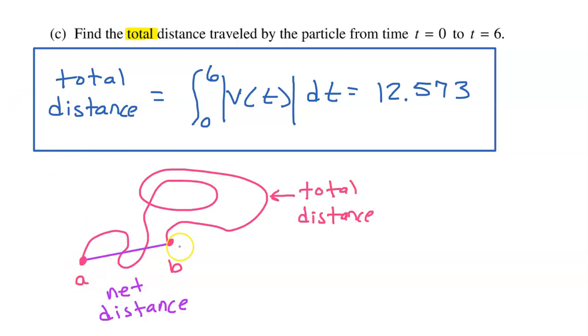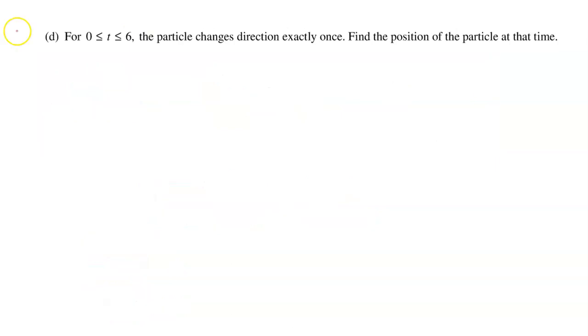The net distance is just the distance from A to B from the shortest path possible, whereas the total distance is the actual length of the entire crazy path. So the net distance will always be less than or equal to the total distance.